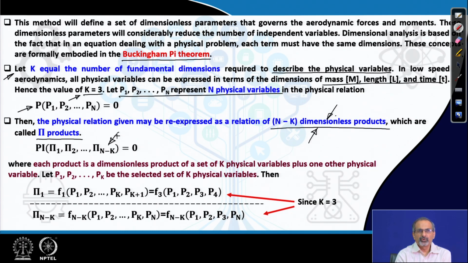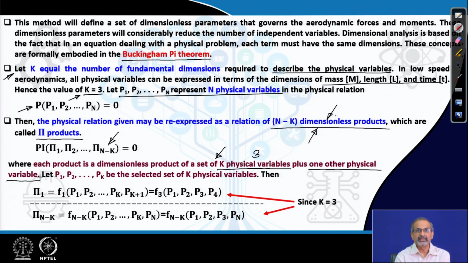And how do we define each one of those products? The rules are given here. Each product is a dimensionless product of a set of k physical variables. So, in our case, for the low speed flows, k is equal to 3. So, 3 physical variables plus one other physical variable.